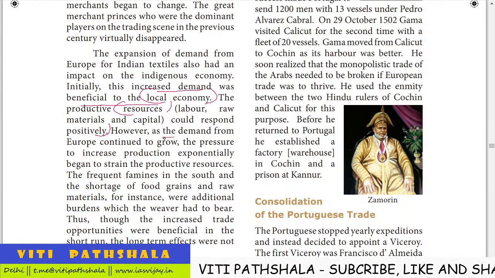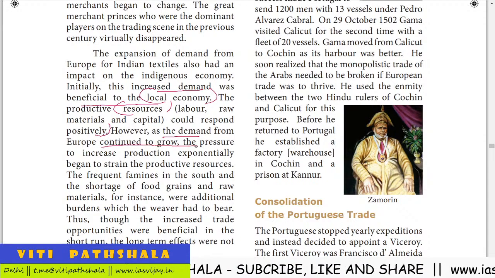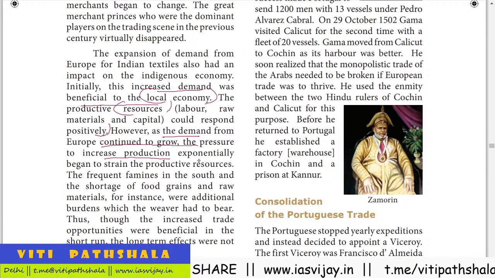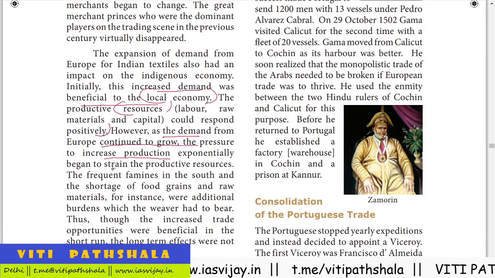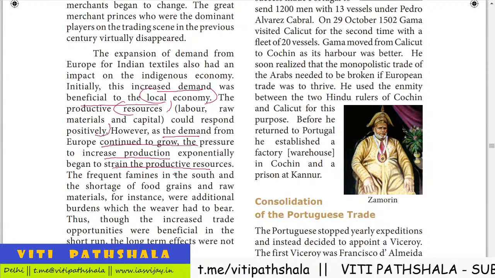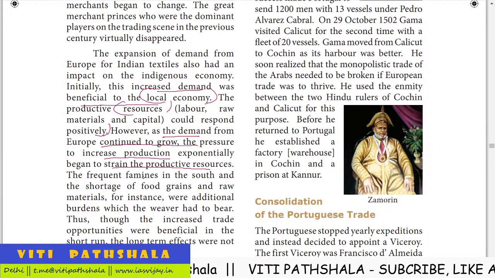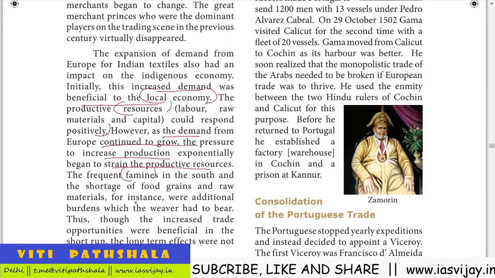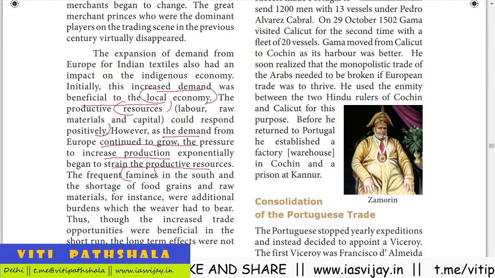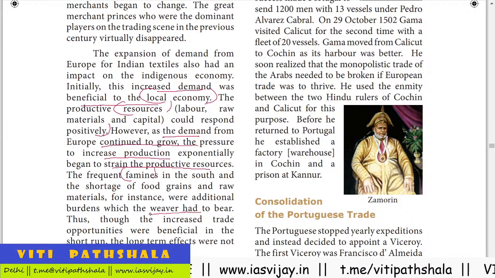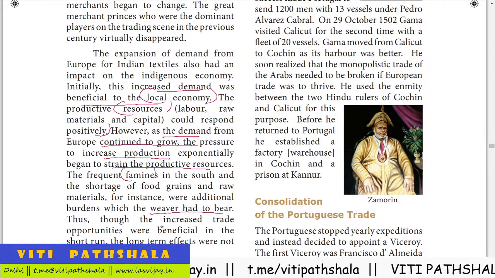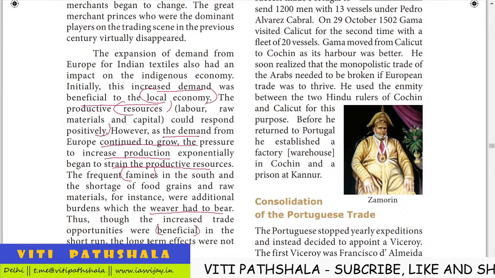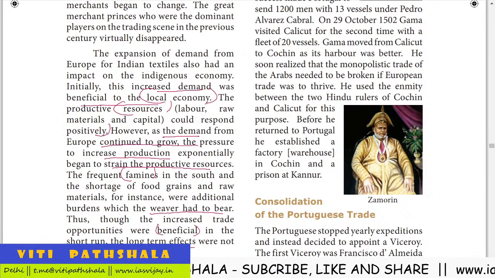However, as the demand from Europe continued to grow, the pressure to increase the production exponentially began to strain the productive resources. The frequent famines in the south and the shortage of food and raw material, for instance, were the additional burden which the weaver had to bear. Now, thus, though the increased trade opportunities were beneficial in the short run, the long term effects were not nearly positive.